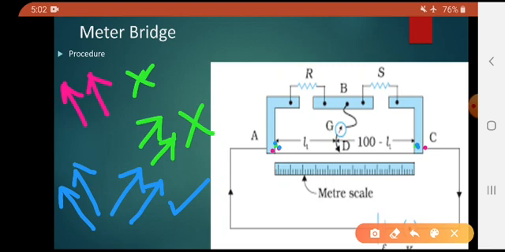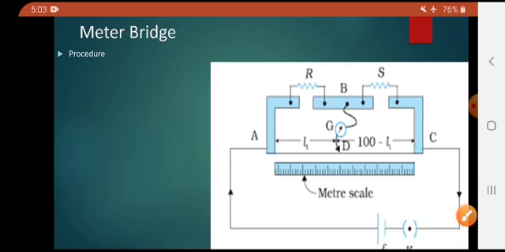When you touch both ends, the deflection should be opposite, irrespective of whether it's towards left or towards right. Then your connections are correct. Otherwise your connections are wrong. Take care of this one, otherwise it is difficult.